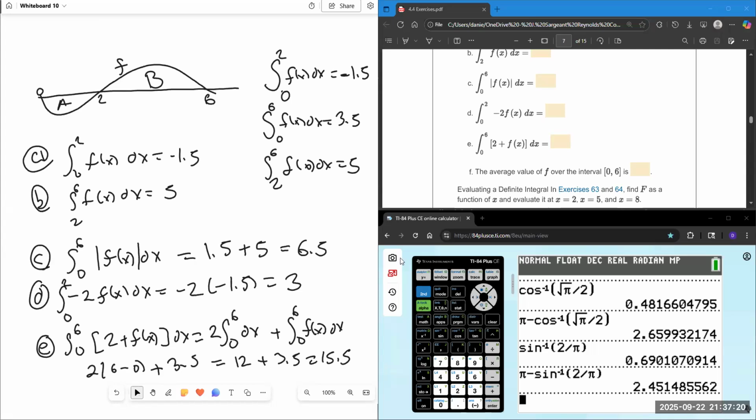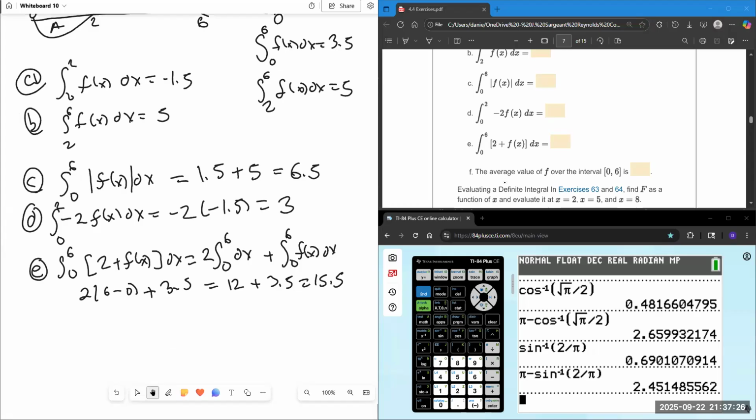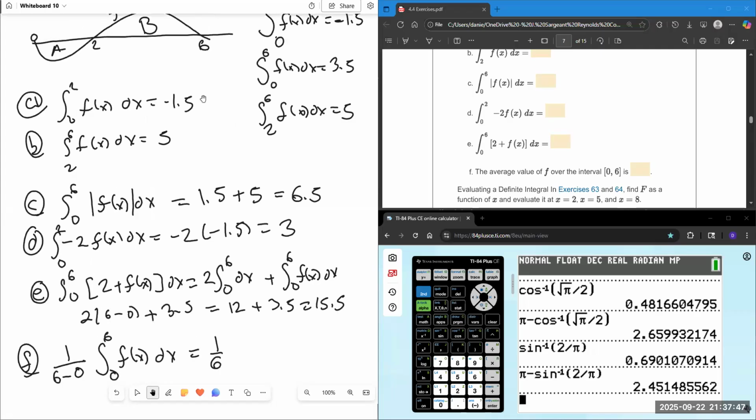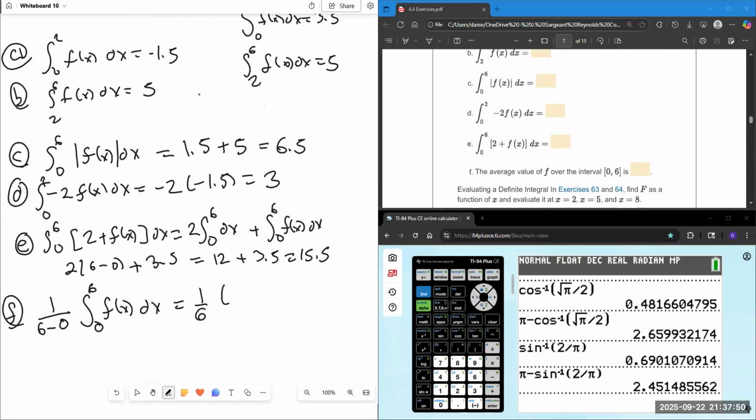And then F says the average value of the function over 0 to 6 is 1 over b minus a, integral from a to b of f of x dx, is 1/6 times 3.5, which is 35 over 60, or 7 over 12.